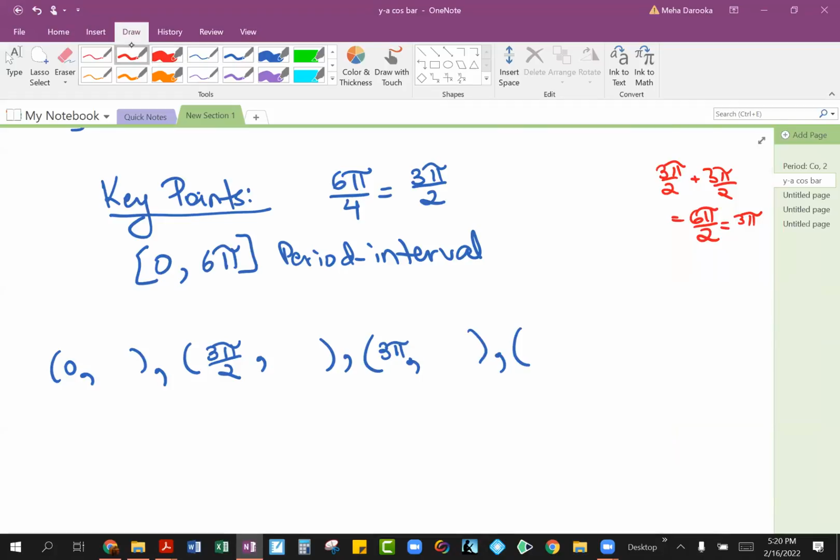Now with 3 pi, of course, we go back and add 3 pi halves. So you can think of this guy as being over 1. What will that give us? 3 pi plus 3 pi halves.